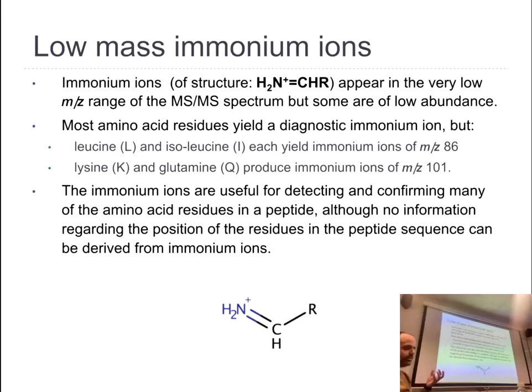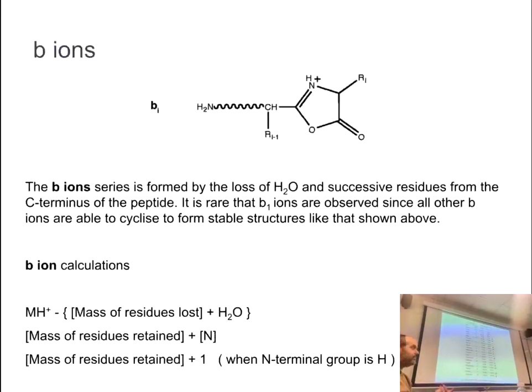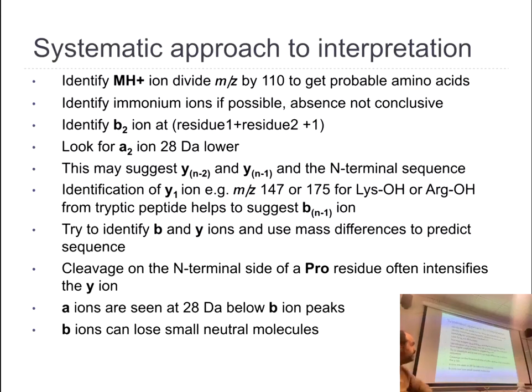So they're always going to be at the low m/z, and this is their mass. But what I'm saying is if you find a 60.045 peak in your spectrum, that tells you that there should be a serine somewhere in the sequence. So when you carry on sequencing and you find a serine, you're like, okay, this makes sense. But if you don't find them, don't worry too much.